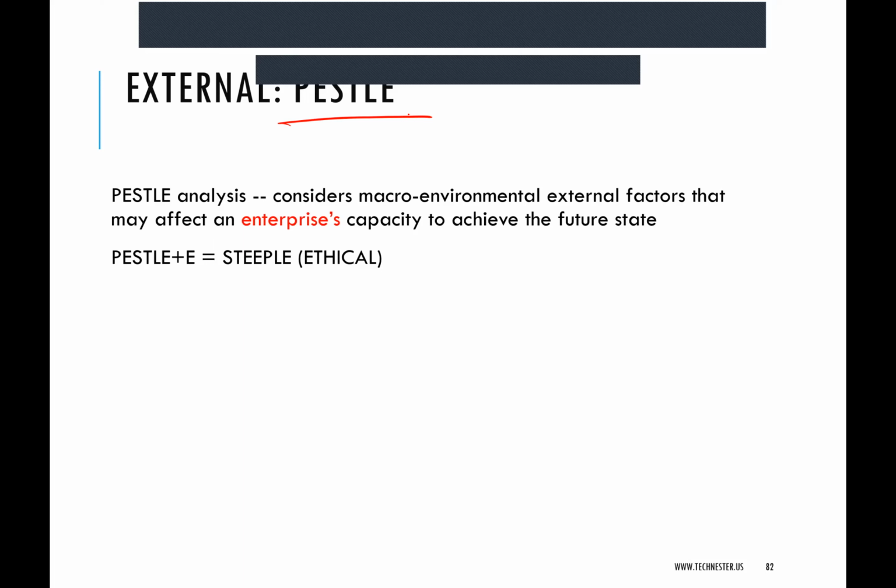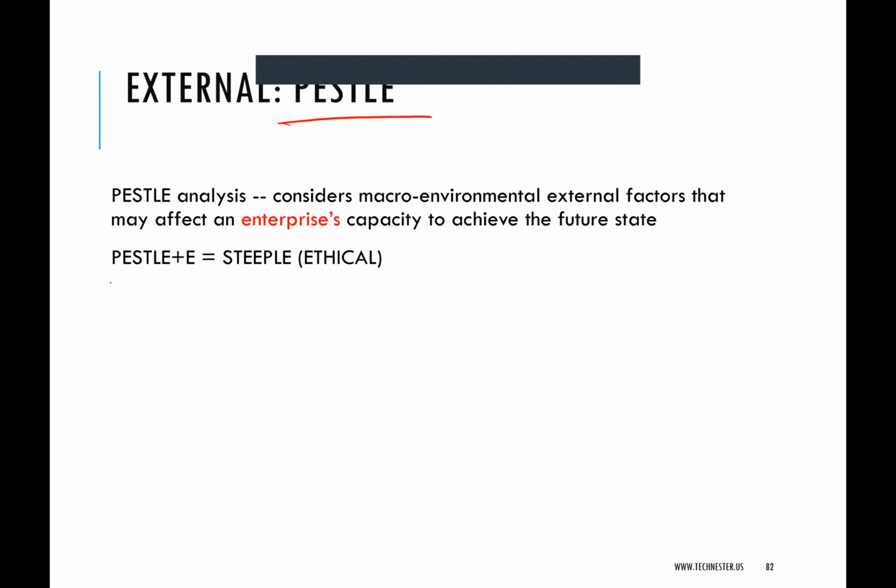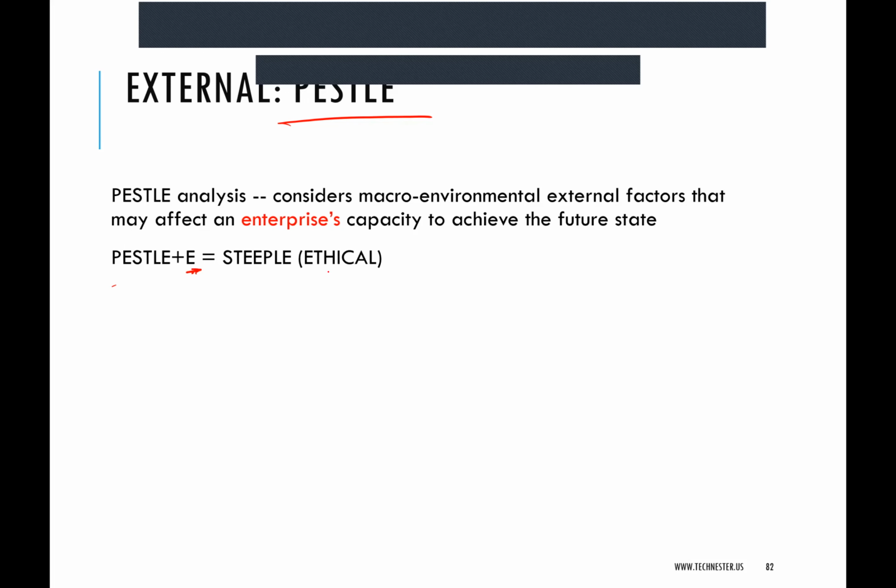It's just an acronym. Sometimes some people will add E to PESTLE and then change the organization of the letters to form what is called STIPLE. That E just means ethical. So each alphabet here means something.